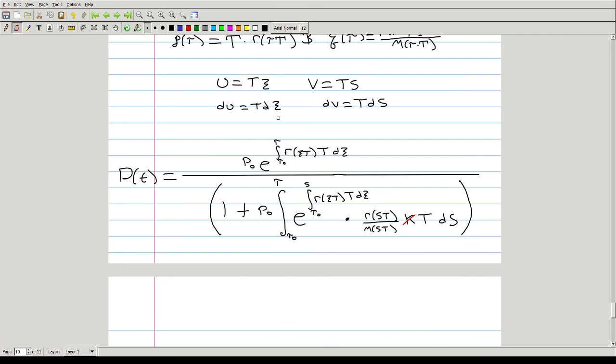Specifically, this integral becomes the integral of r of u du, from t naught to t, as does this integral right here.